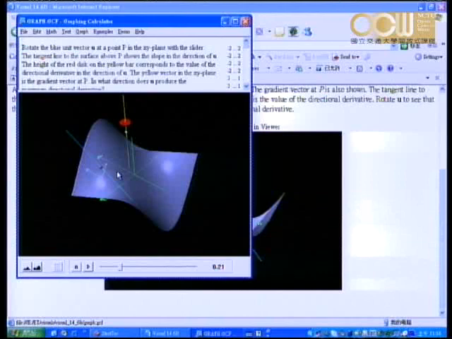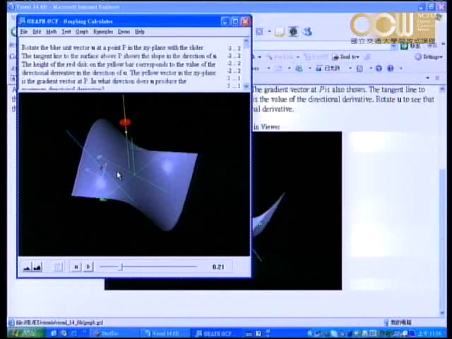Now, you have fixed a point, which is the purple point here, on the surface, and a certain direction, which is given by the blue vector. The plot is three-dimensional, but if we have two independent variables, then the plot is in the space of the graph, while the direction u which we are giving is a vector in the plane.